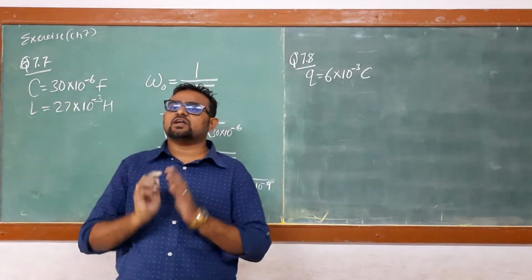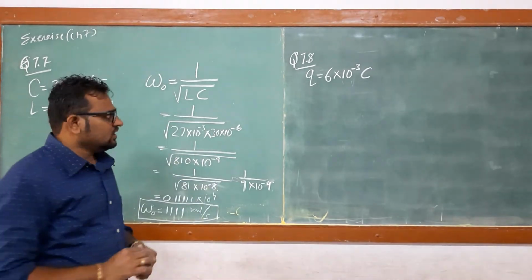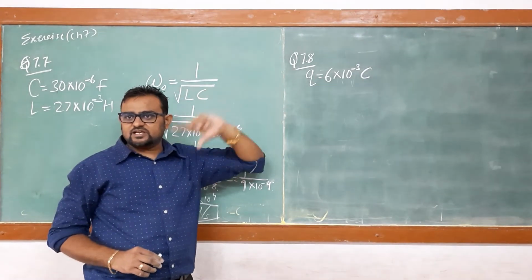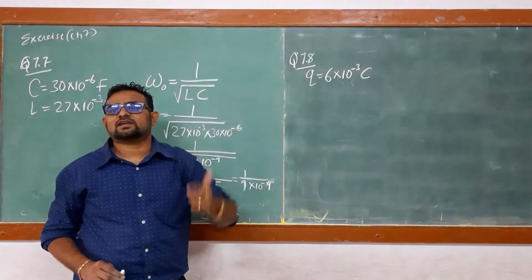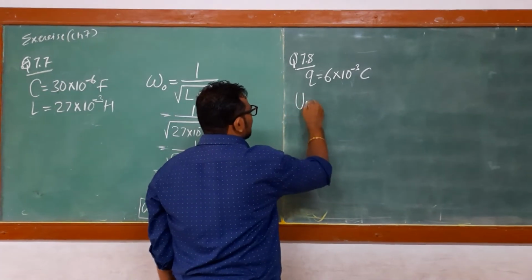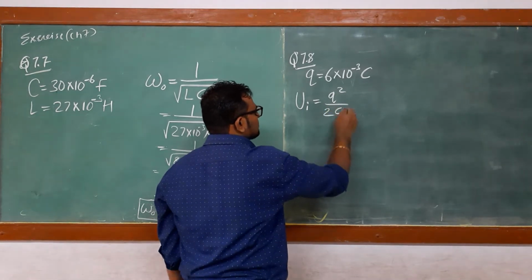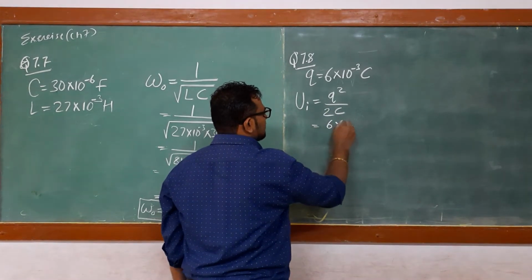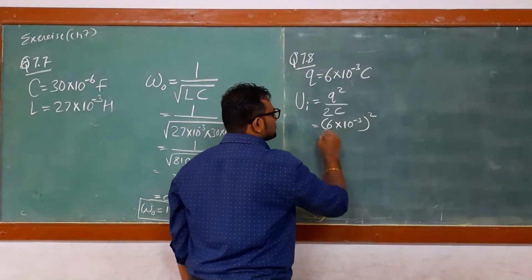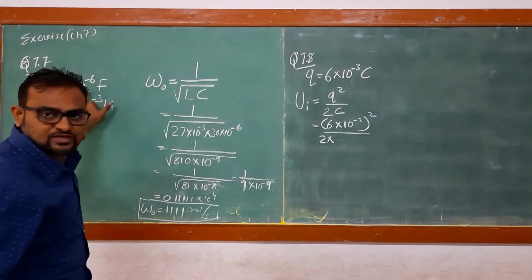We should first find out the total energy stored initially. Initially the charge was Q, so initially the energy is in the form of electric field stored in the capacitor. So that will be equal to Q square by 2C. So 6 into 10 raised to minus 3 whole square upon 2 times capacitance, that is 30 into 10 raised to minus 6.